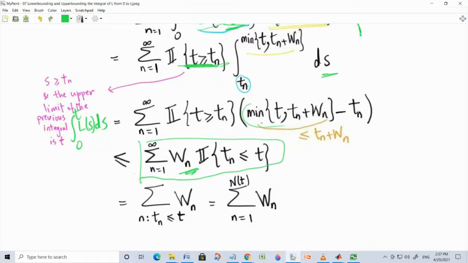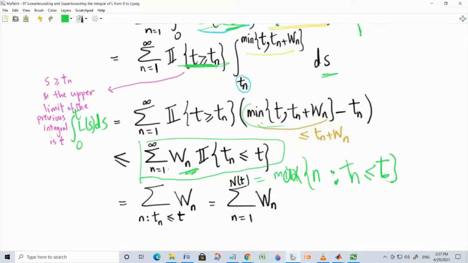Okay, and so it is Wn, and then there is an indicator for every Tn less than or equal to t. So we can rewrite this summation as a summation from n equals 1 to N of t. Remember that N of t is the maximum n such that Tn is less than or equal to t.